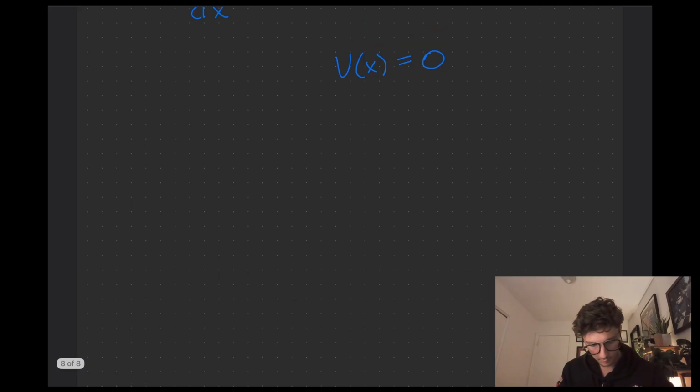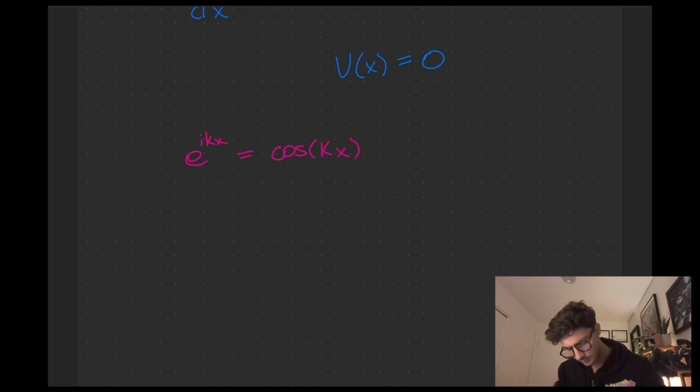However, for the free particle, there's one important thing you guys gotta know. E to the ikx is equal to cosine kx plus i sine kx. So imaginary exponentials with this i over here can be rewritten as a summation of sines and cosines.